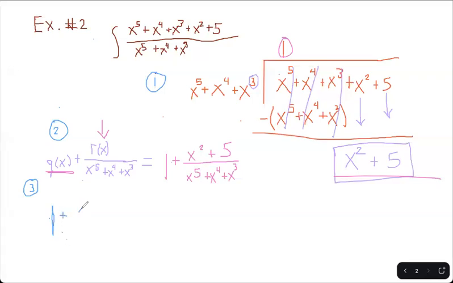One plus x squared plus 5 over, okay, so you have 5, 4, 3. So the max we could take out of x's is x cubed. Meaning you have x squared plus x plus 1. Okay.